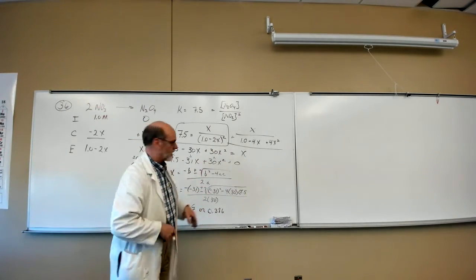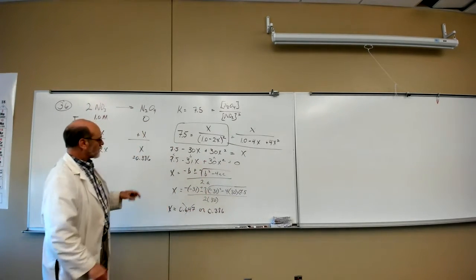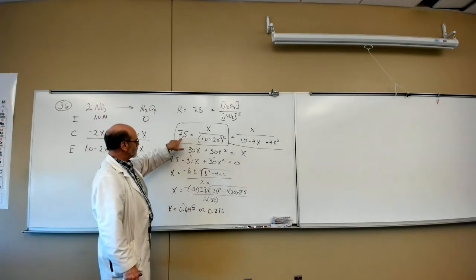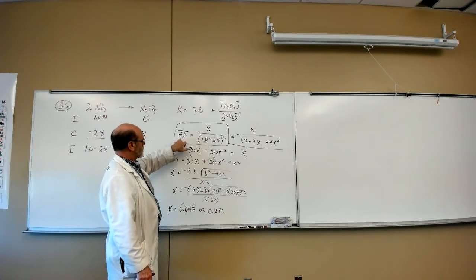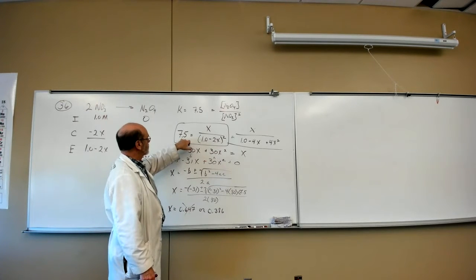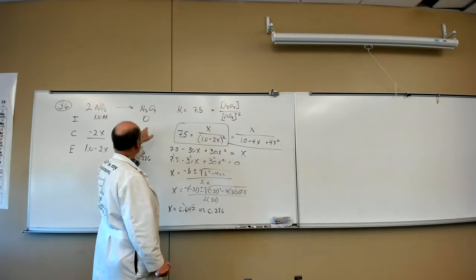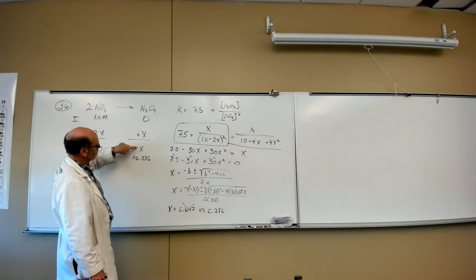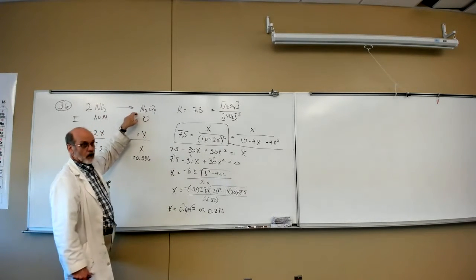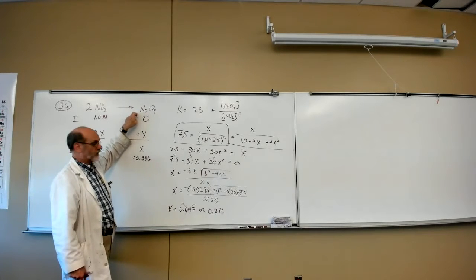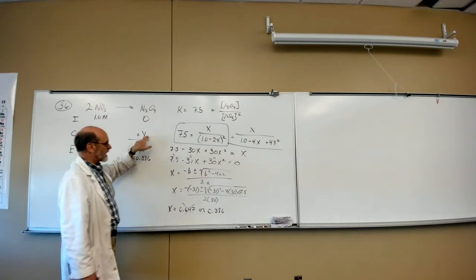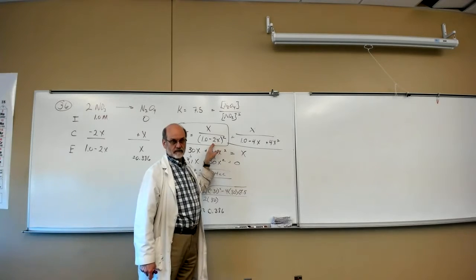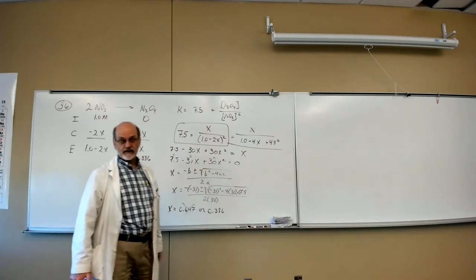You've got to make a decision there. So let's see. What if 7.5 is our value? Since 7.5 is large, greater than 1, we have to assume that x is also going to be large. So we can't say that x is small.